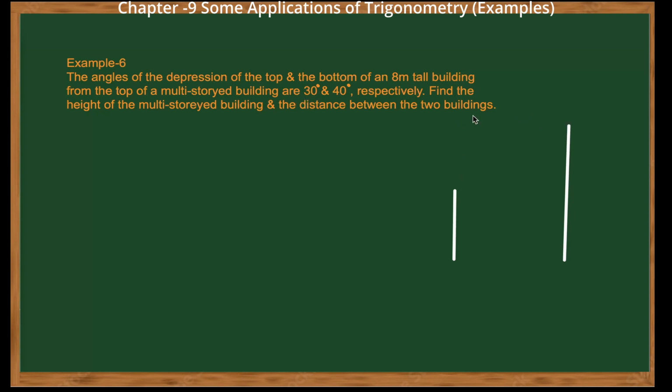So from the top of the multi-storied building, it's making a 30-degree and 40-degree angle of depression. So from the top of this building, it's making an angle of depression here.